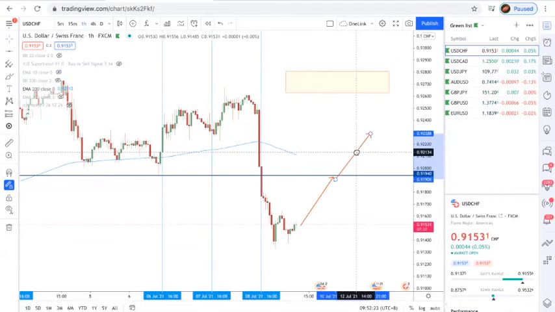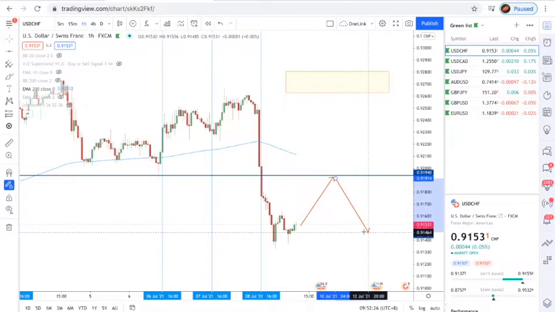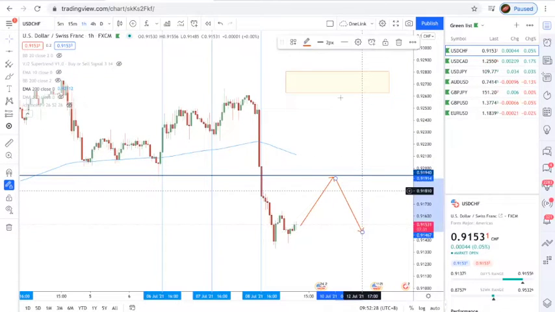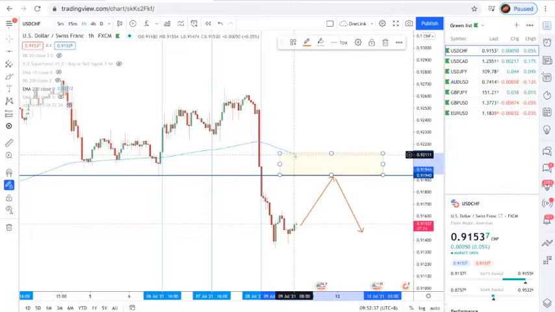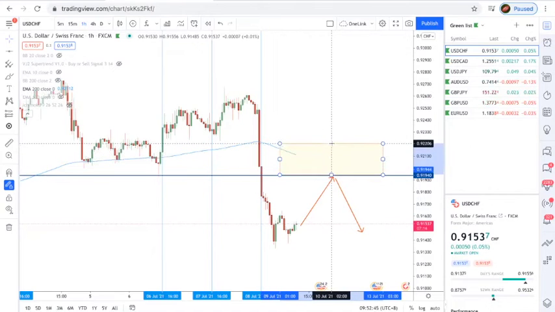The market can go this way and down again. So this will be the entry. So it can go between this particular range. So you need to have a bigger one. This is short.